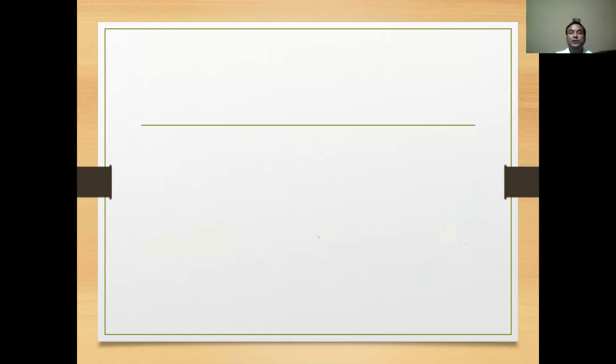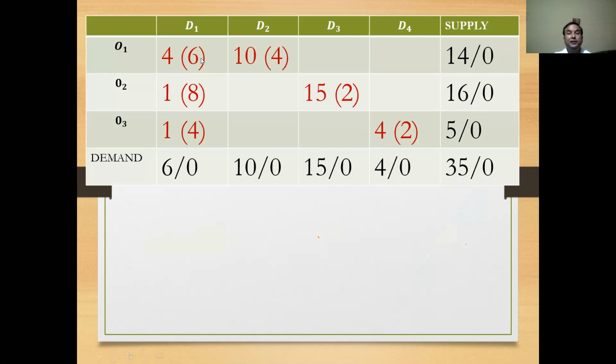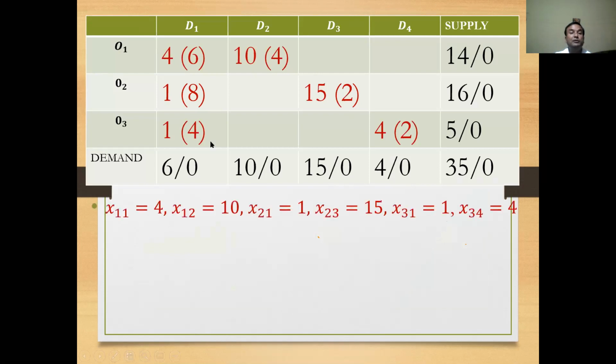Now we simply go to the allocated cells. These are the allocated cells, and we will write the initial basic feasible solution. x11 is this 4, then x12 means origin 1 and destination 2. The number of items given is 10, so x12 is 10.